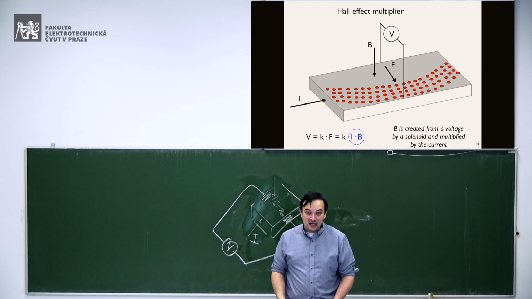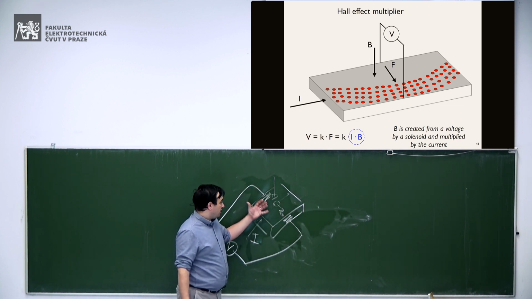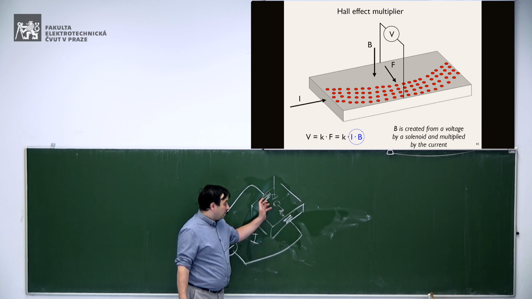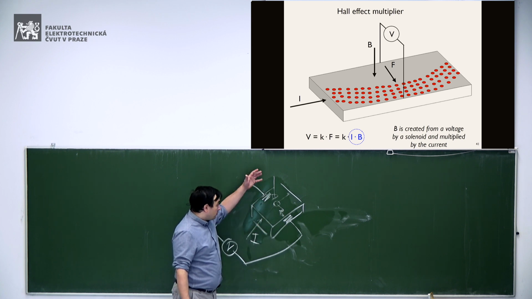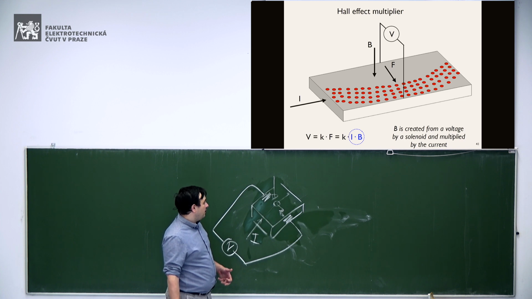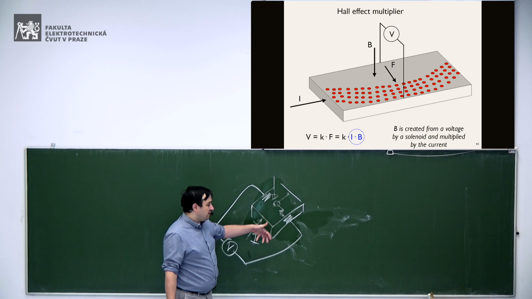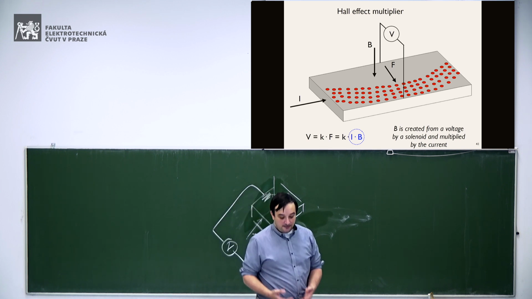So the larger is the current, the larger will be the voltage, because you have more disequilibrium of charges, more negative or positive charges from one side and the other side. But also, if you increase the magnetic field, you have a larger force. The larger is the magnetic field, the larger is the force. So therefore, you will have a larger disequilibrium of charges.